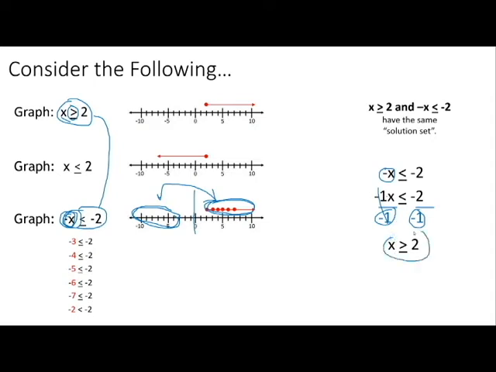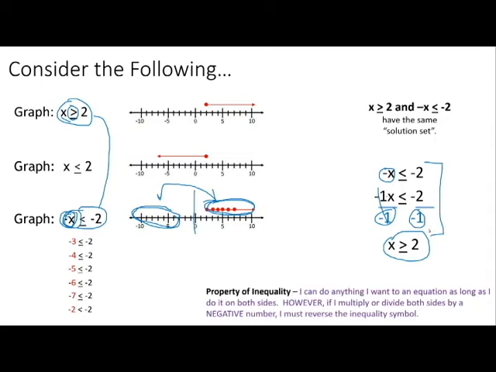When we're working with negative signs in an inequality, anytime I multiply or divide by a negative number, I'm going to have to reverse this sign. That's the property of inequality. I can do anything I want to an equation as long as I do it on both sides. However, if I multiply or divide both sides by a negative number, I must reverse the inequality symbol.